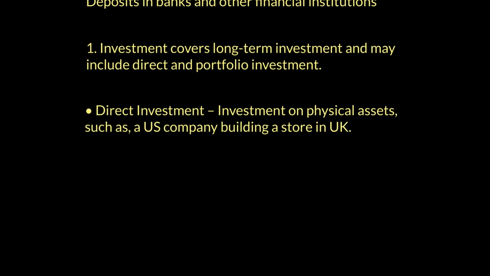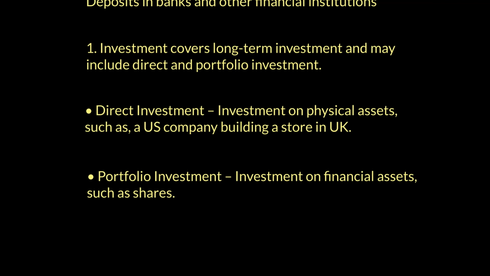On the other hand, let's say Apple buys a company in the UK, that is portfolio investment, because you are not buying a physical asset but actually a financial asset. So we distinguish between direct investment and portfolio investment in terms of one being on physical assets and the other on financial assets, and these are included because they are long-term investment.